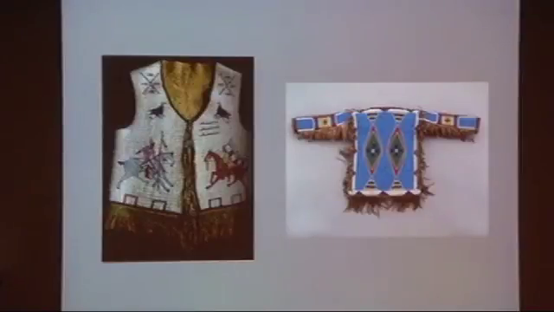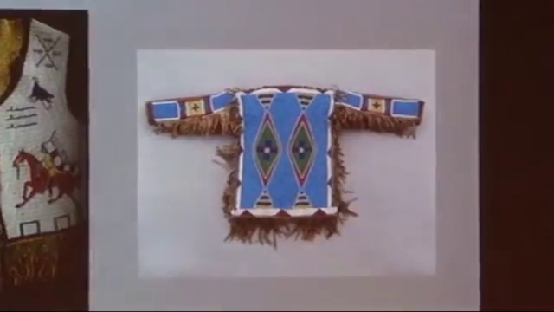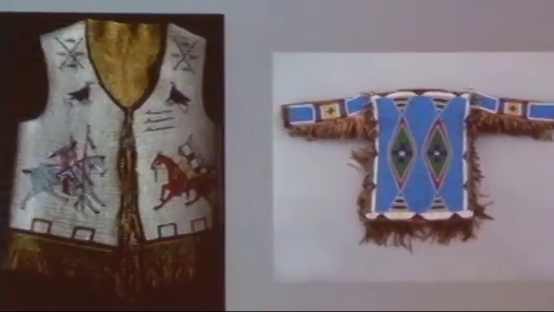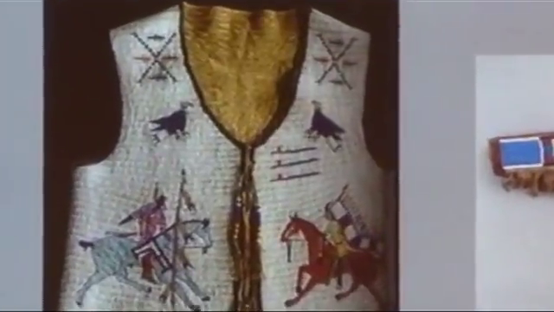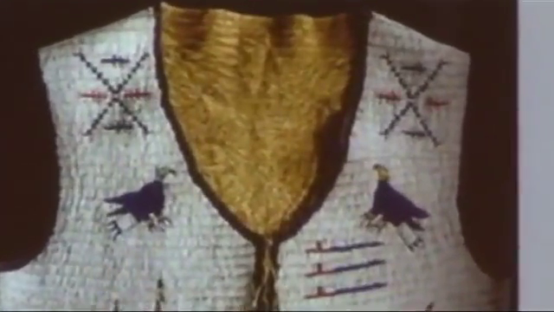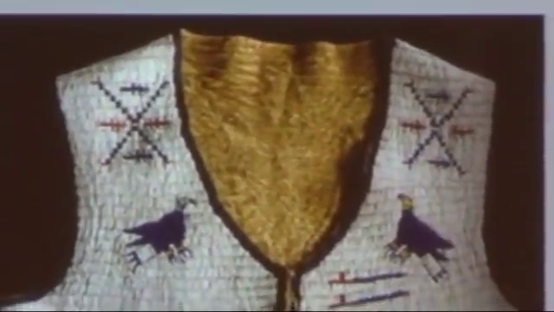The boy's shirt, the central panel with the two diamond hourglass motifs side by side, could have been lifted directly from a painted parfleche. It's a classic kind of Crow painted design, and here it's executed in beadwork. And the man's vest next to me is a beaded version of the kind of men's pictographic, autobiographical drawing that was used on robes and shirts at an earlier time.